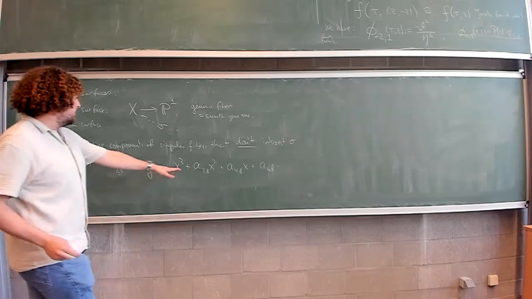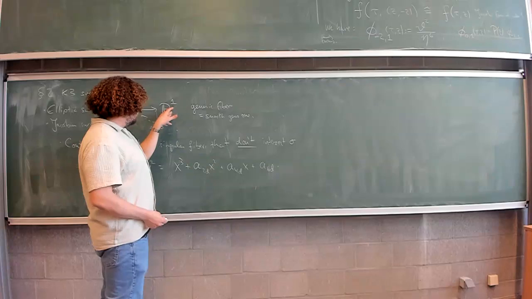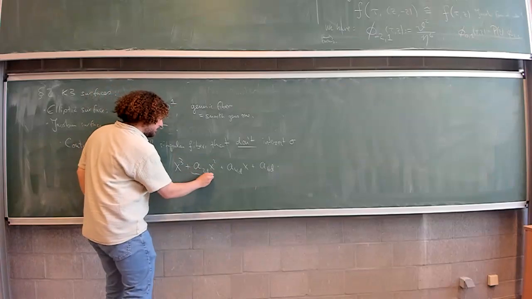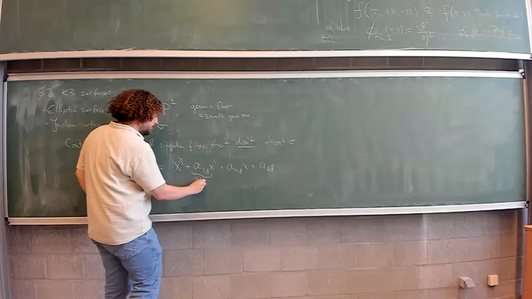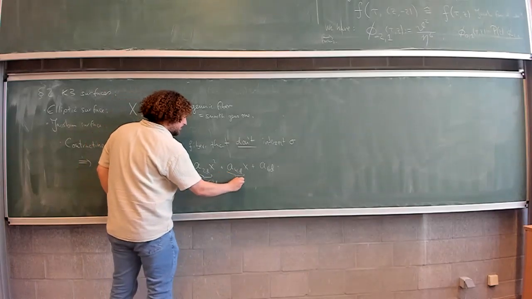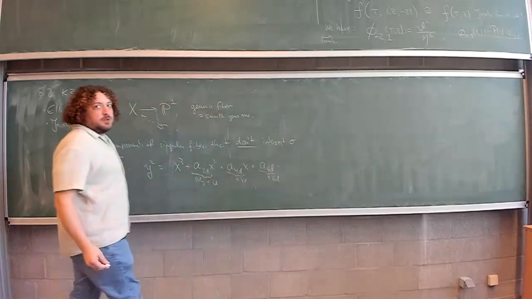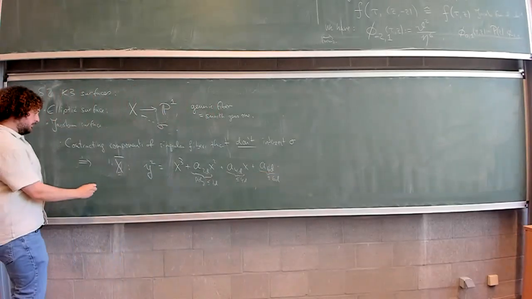Where these are sections of some bundle, or like sections of a power of some bundle on P1, which literally just means they're polynomials. And they're polynomials of degree less than or equal to 2D, 4D, and 6D respectively, where D is called the degree of the surface.